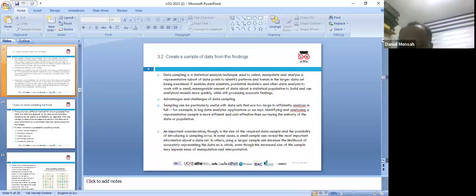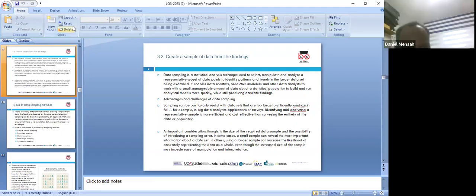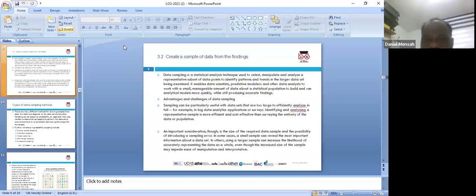When it's too large, you can't efficiently analyze it in full, for example big data analysis applications or surveys. Identifying and analyzing a representative sample is more efficient and more cost effective than surveying the entire population. This is the best approach in dealing with that. So you make sure the sample data is not huge.